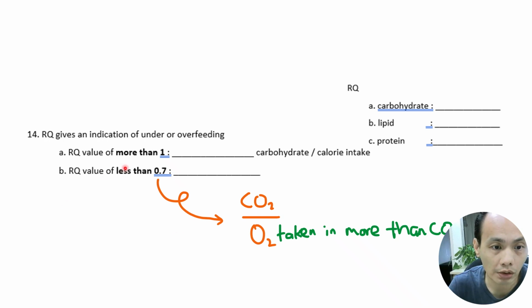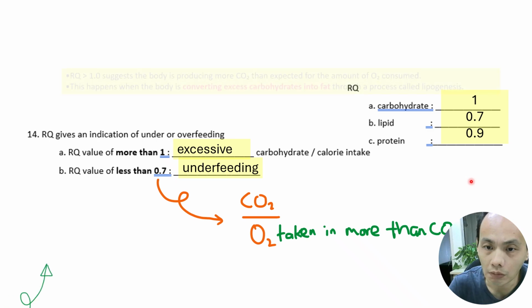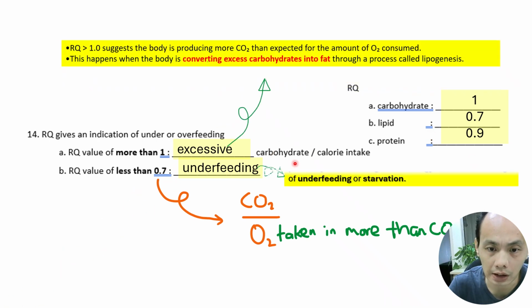RQ more than 1 means excessive carbohydrate or calorie intake. RQ less than 0.7 means underfeeding, where oxygen taken in is more than carbon dioxide. So these are just explanations.